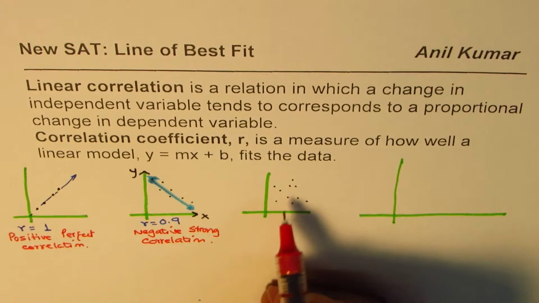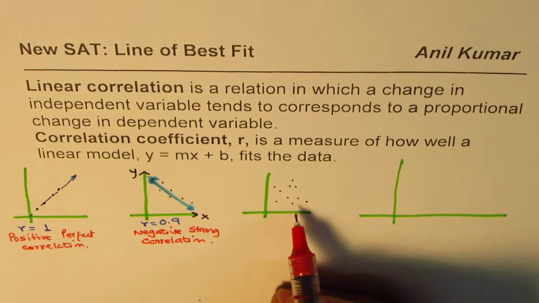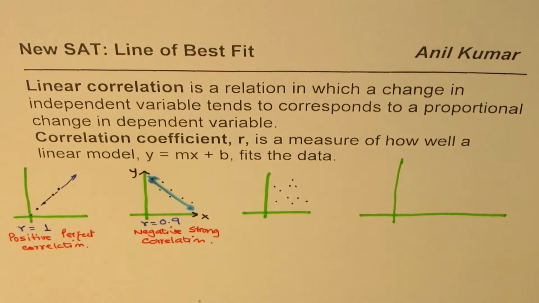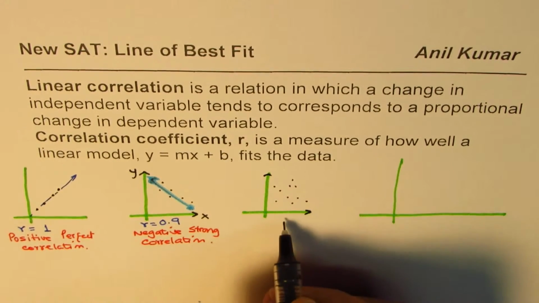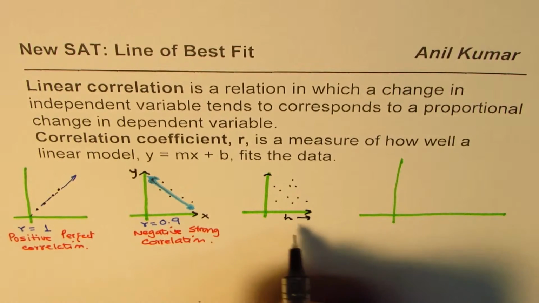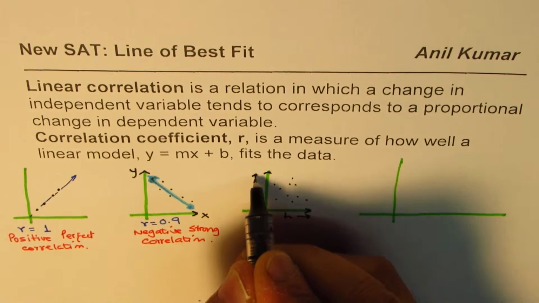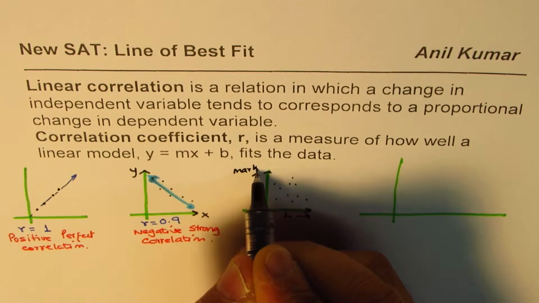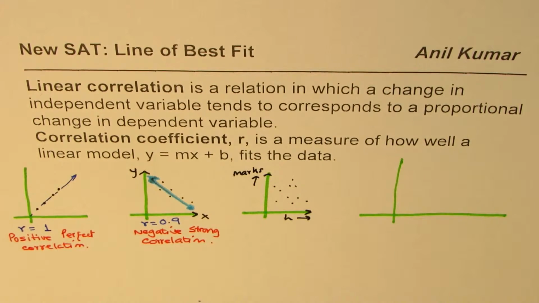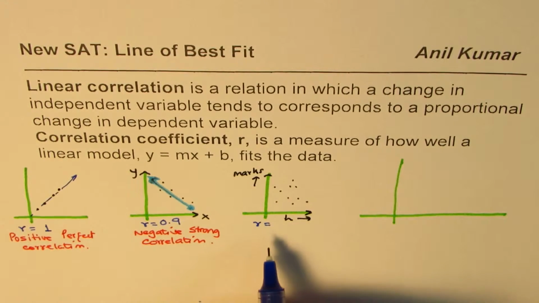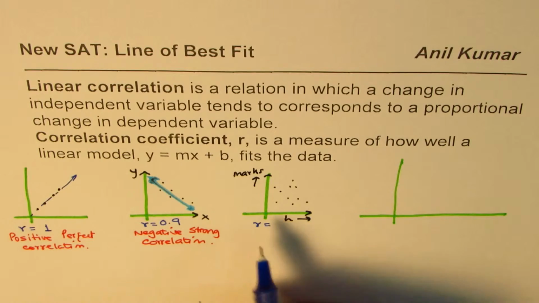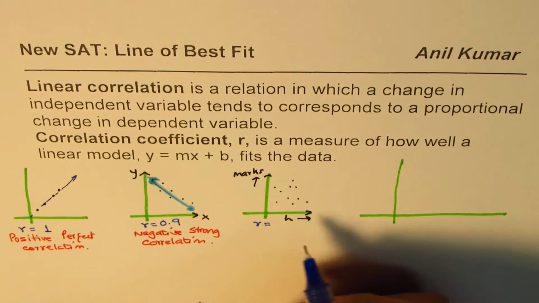If the data points are jumbled up as shown here, you don't really see any trend between the independent and the dependent variable, right? For example, you could have the height of the students in meters on this side and, let's say, marks on the other side. Now you'll find there is no correlation between height and marks. In such a case, if you calculate the correlation coefficient R using a calculator, you will get some value like 0.